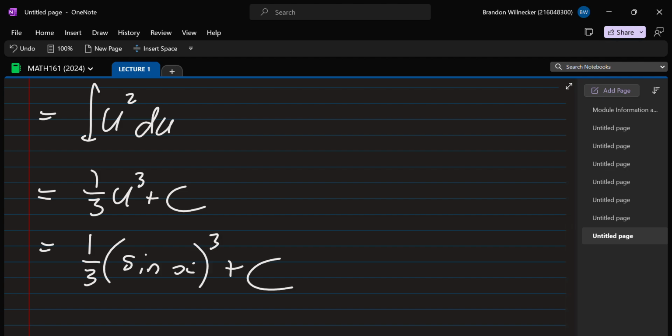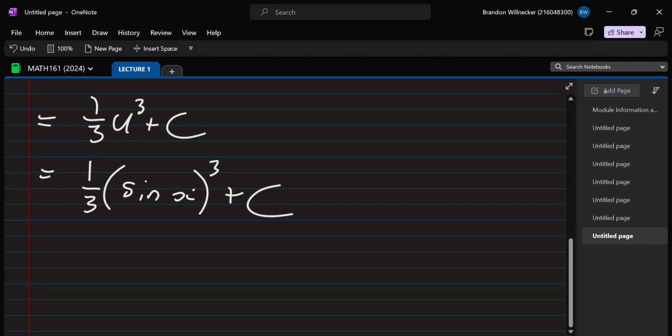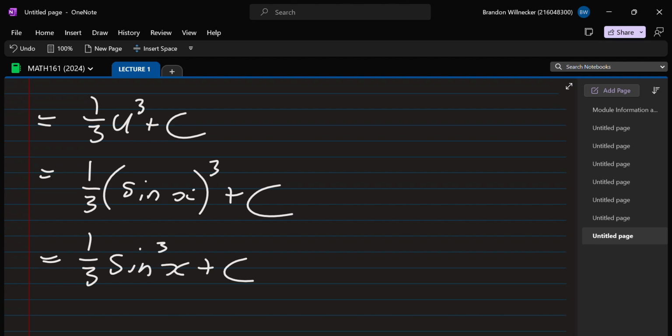So don't take the cube inside, don't do any trig identities or anything like that. If I do say simplify, then you can simplify, but that's fine as is. Or if you find it easier to write it like this, that's fine as well. But that's exactly the same thing. That's just your preference if you want to write it like that.